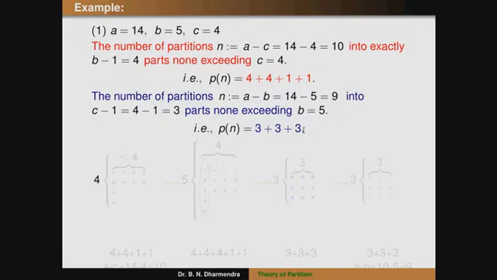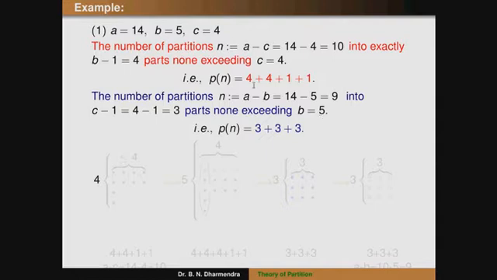When I interchange the terms, the number of partitions is n into c minus 1, that is 3 parts, none exceeding 5. So I can observe here each part of the partition is not exceeding b, that is 5.